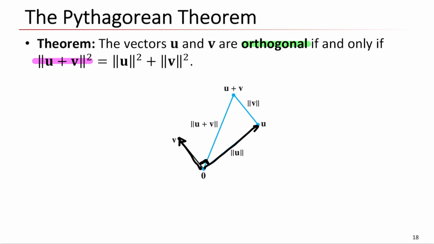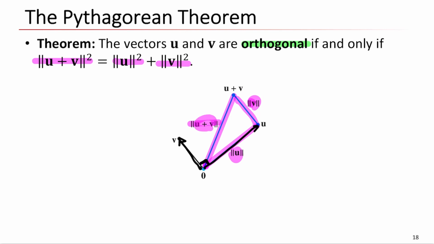Then the scalar length of u plus v squared is equal to the scalar length of u squared plus the scalar length of v squared. Okay, so this is the Pythagorean theorem.